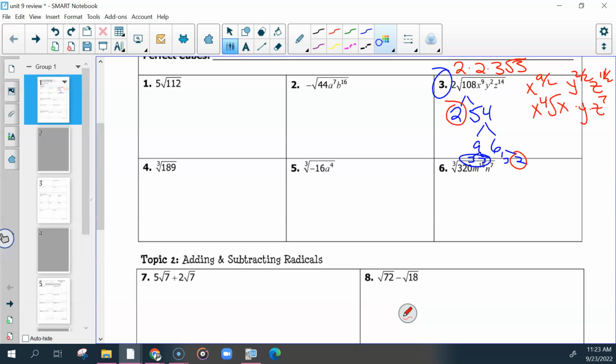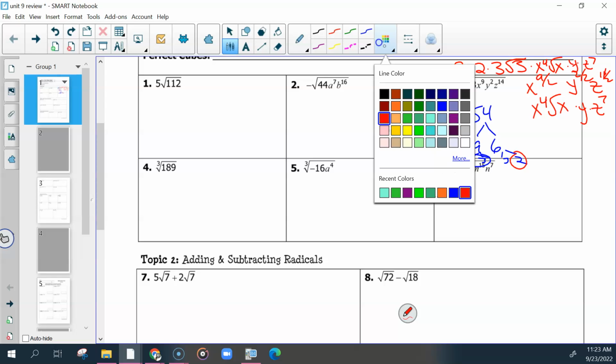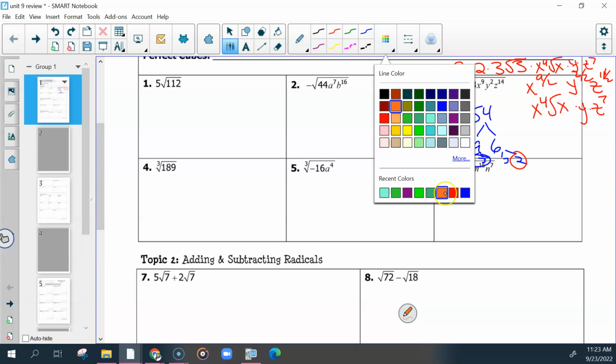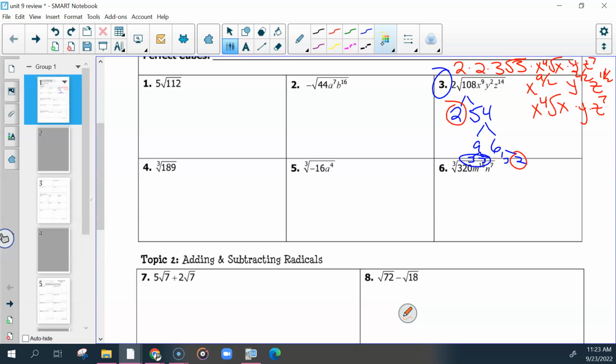So I'm going to rewrite those up at the top where the rest of that is. We have times x to the 4th times the square root of x times y times z to the 7th. I know those kind of all mixed together. I'm going to rewrite it. So we need to simplify, put all the numbers together, everything that's outside together. So we have 2 times 2 times 3, which gives us 12.